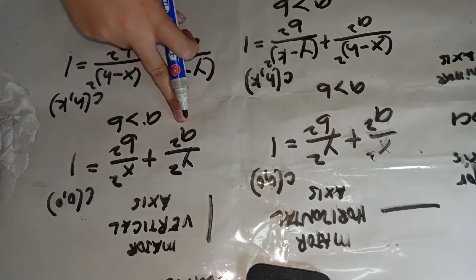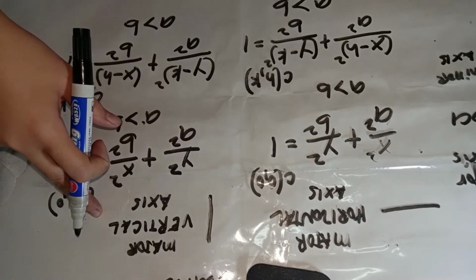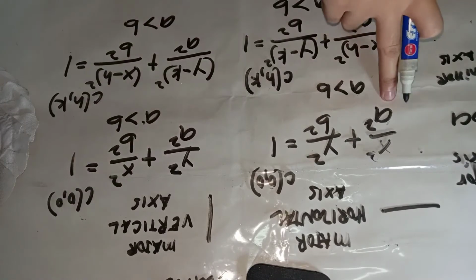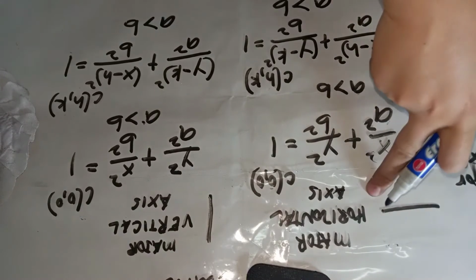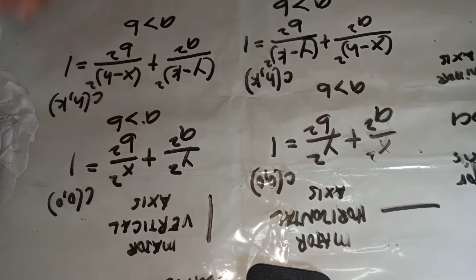Pag kasama ng a as y, ibig sabihin vertical axis. Okay? Ulitin ko. Pag ang kasama ng a is x, ibig sabihin horizontal axis. Pag kasama ng a is y, ibig sabihin vertical axis. Okay? Familiar na yung formula?